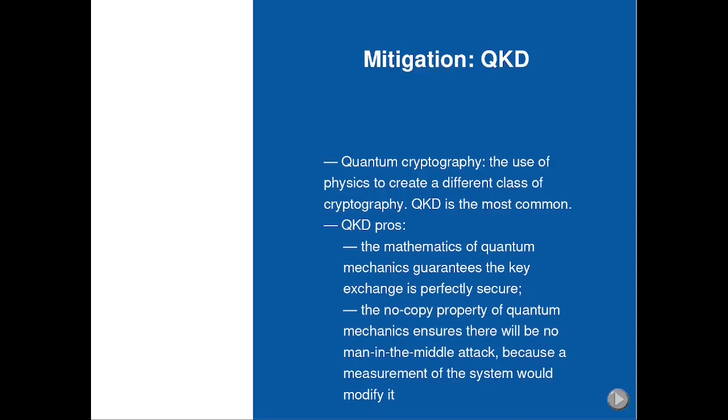The pros of using QKD: the mathematics of quantum mechanics guarantees the key exchange is perfectly secure. The second pro is the no-copy property of quantum mechanics, which ensures there will be no man-in-the-middle attack because a measurement of the system would modify it.